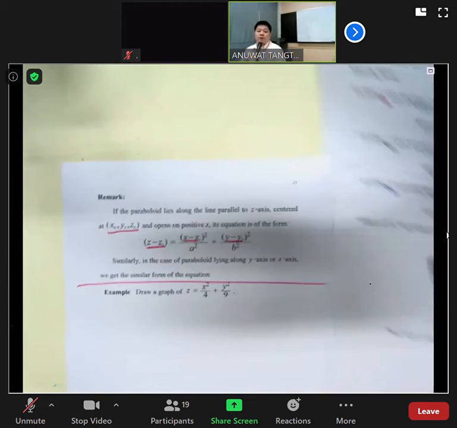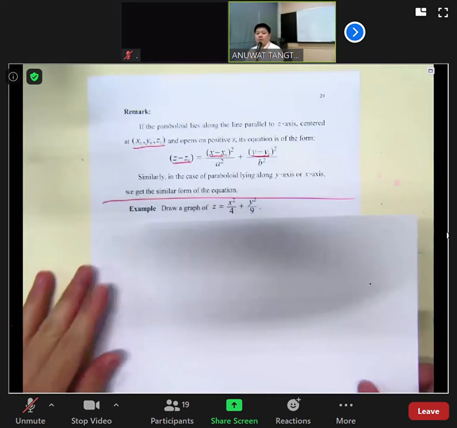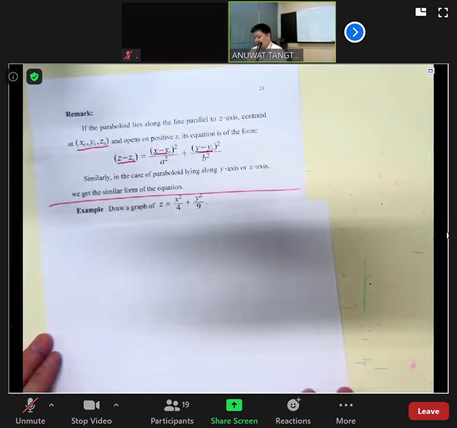Now let's try to draw this graph. You will see why we get the graph like what is given there.